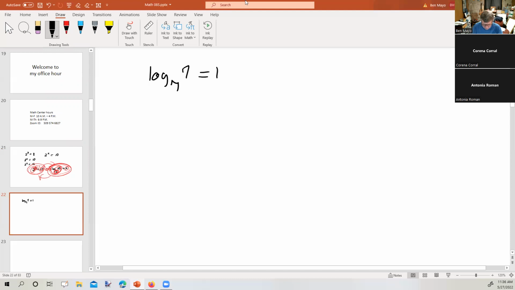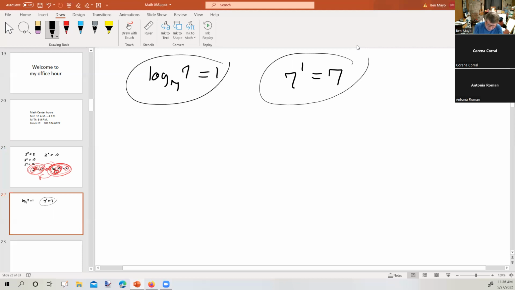Writing this logarithmic equation as an exponential equation, it would be 7 to the 1 power equals 7. And that is a true statement, isn't it? 7 to the 1 power equals 7. Okay, so that's the exponential equation form of this logarithmic equation.